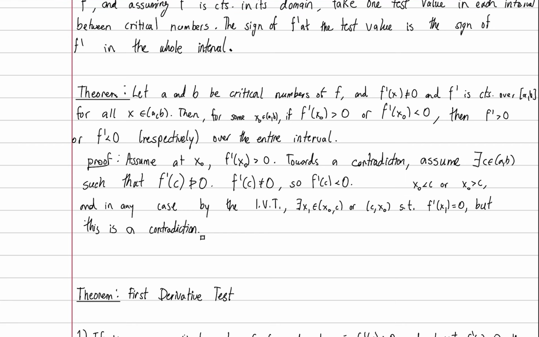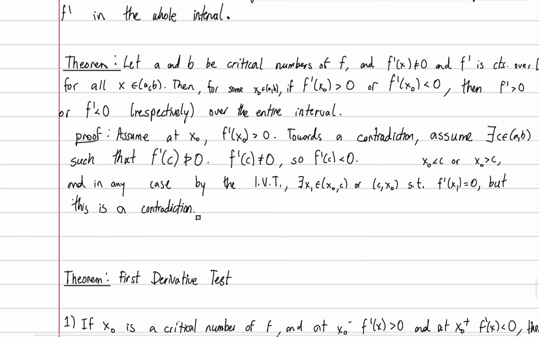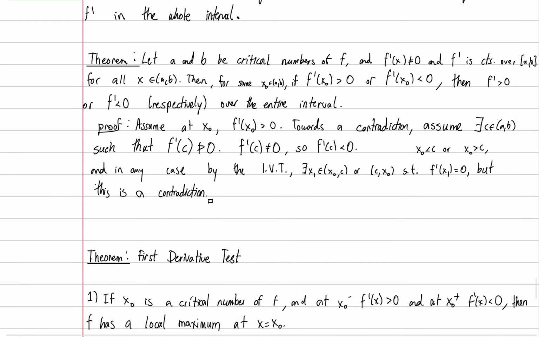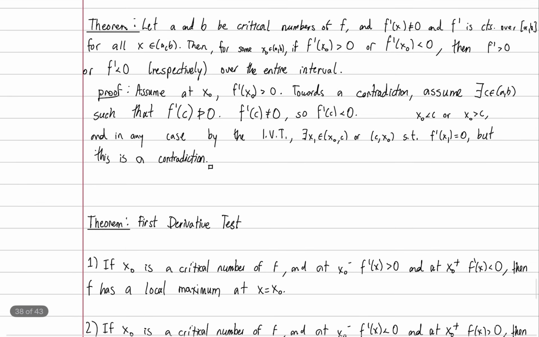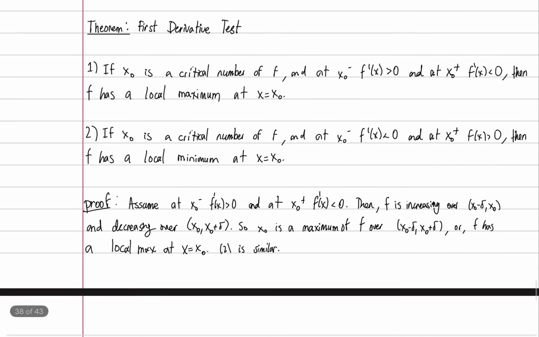And either x naught is less than c or x naught is greater than c, but in any case, by the intermediate value theorem on f prime, there has to be some point x1 in between such that the derivative at x1, f prime of x1, is 0. Because f prime is continuous, and we have a value where it's positive and a value where it's negative, so there has to be a value where it's 0 somewhere. But this is a contradiction because we said that there are no further critical numbers. So if just a single value is positive, everywhere it's positive. And again, the same thing applies for negative, but I'm not going to prove it.